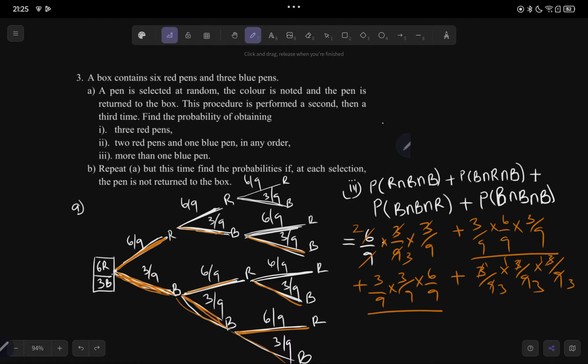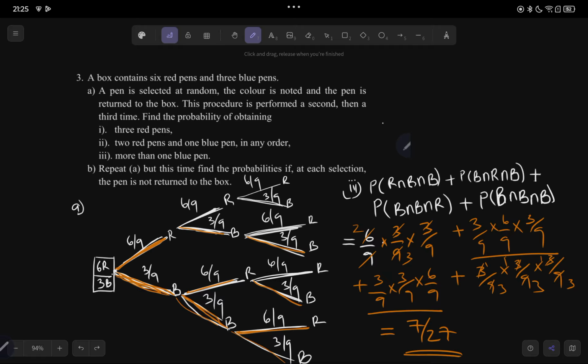So 2 out of 9 plus 1 out of 27. 2 out of 9 plus 1 out of 27. And the answer is 7 out of 27. Good. That is the answer, the same answer that we had got before using the idea of the complements.